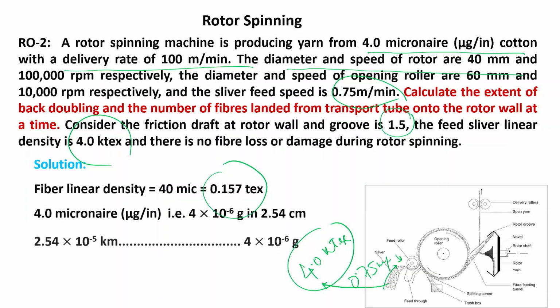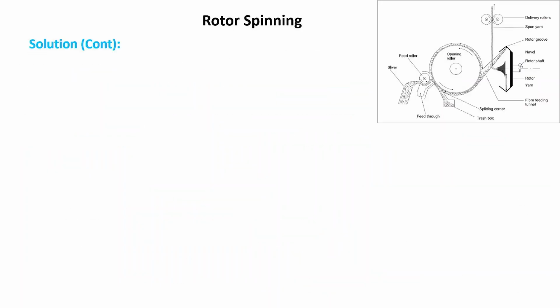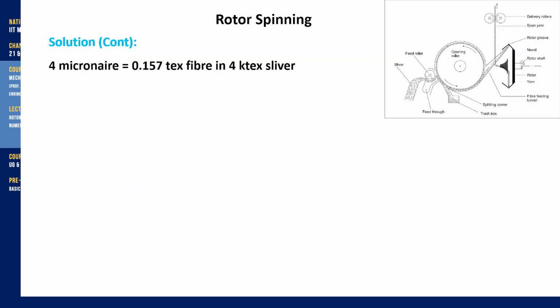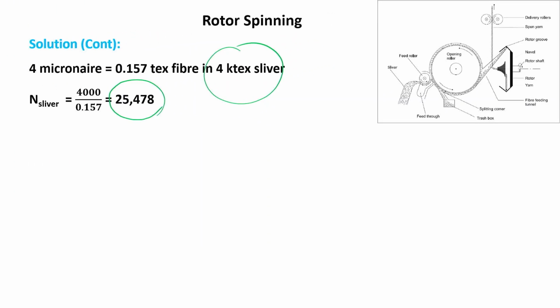So, the number of fibers in the sliver cross section, we have already calculated this part, 0.157 tex. Now, 4 micronaire is there, and in the 4 kilotex sliver, the number of fibers in the sliver cross section will be 25,478. That many fibers are there in the sliver cross section.